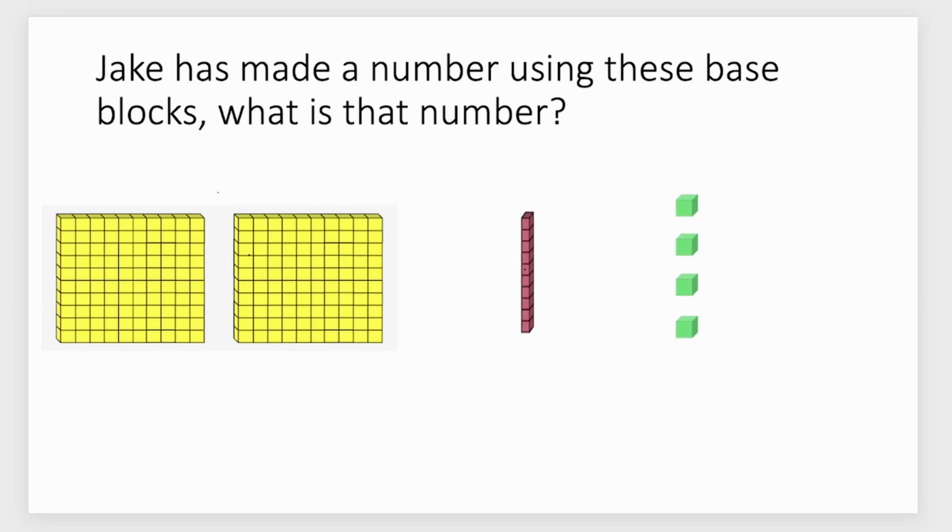Jake has made a number using these base blocks. What is that number? So using what we know about the blocks already, we know that a yellow block is worth 100, and we have another yellow block worth another 100, a pink block which was worth 10, and 1, 2, 3, 4 little green blocks which are all worth 1. So we have 4 blocks here.